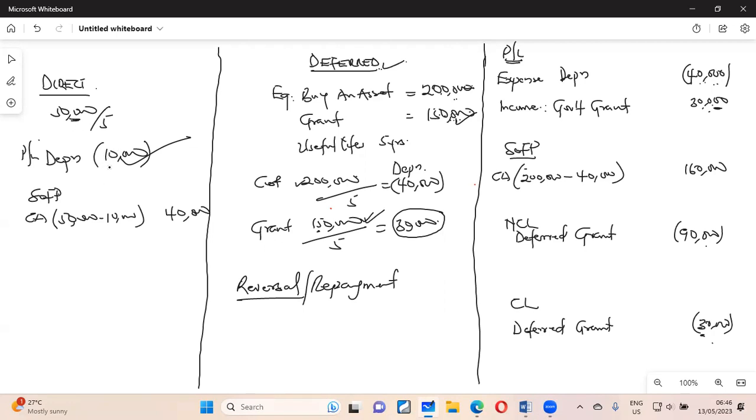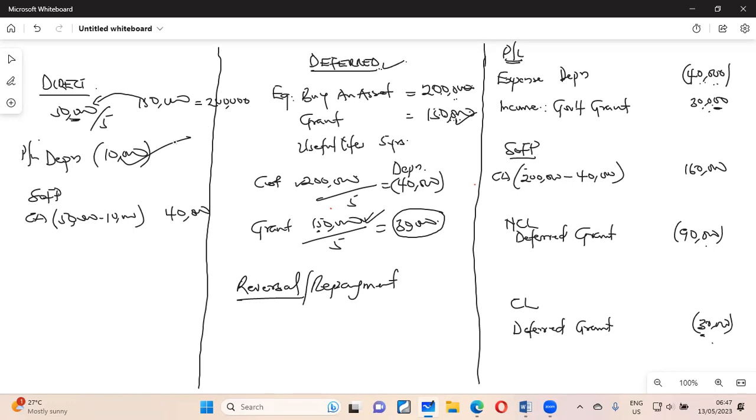So it means that you have to come back and increase your assets again with the remaining 150 and depreciate the remaining 150 because now the grant is off. So you have to increase the assets to make it 200,000. So you have to record back the 150.